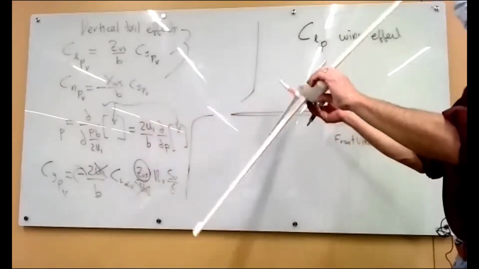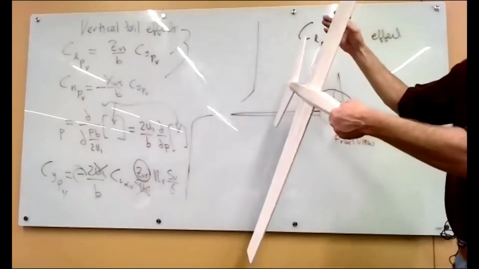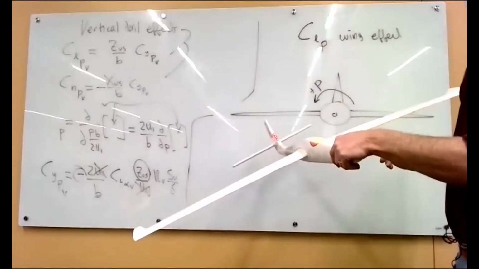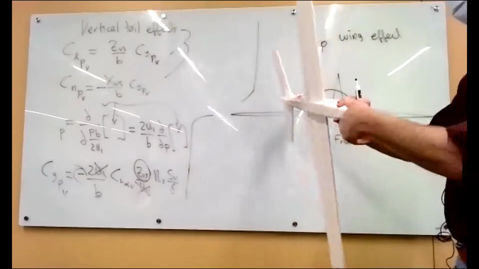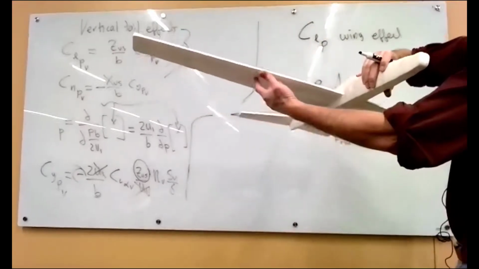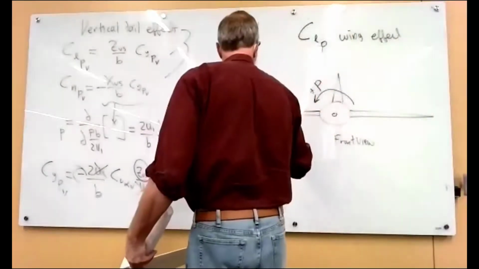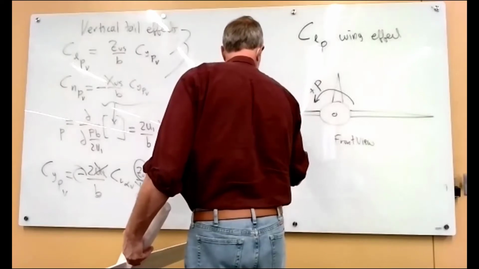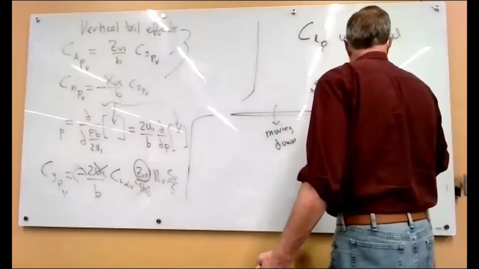It's rolling like this. What's this wing doing relative to the air? It's going down, right? So it's going to be generating more lift because there's a relative wind coming up against that. So this is moving down. And this one is moving up.